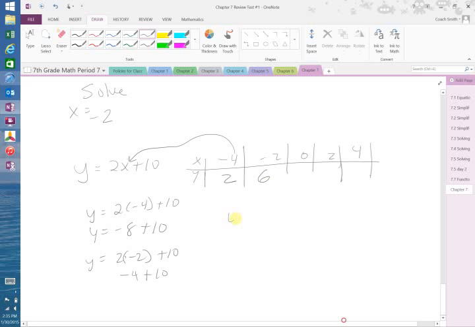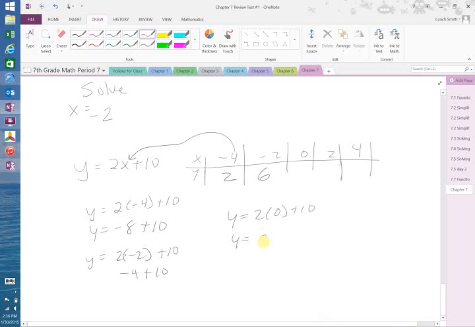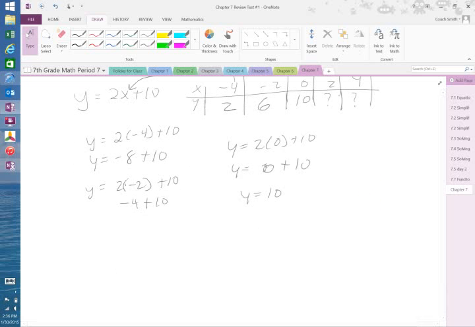Then you have y equal 2 times 0 plus 10. Y would be equal to 2 times 0, which is 0, plus 10. Y is equal to 10. And then you need to do the last two on your own. Okay? You can obviously see the pattern there.